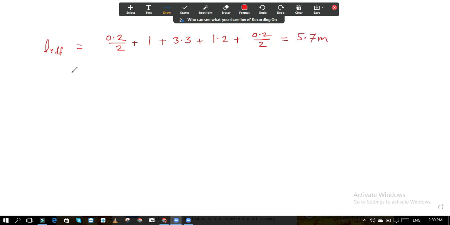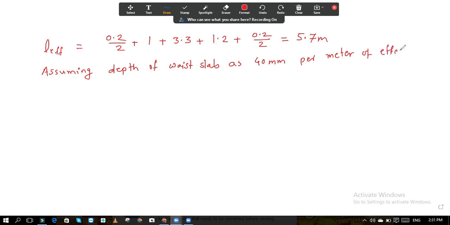So now this is the effective length. Now we will calculate the depth. So here you can write, assuming depth of waist slab as 40 mm per meter of effective span.